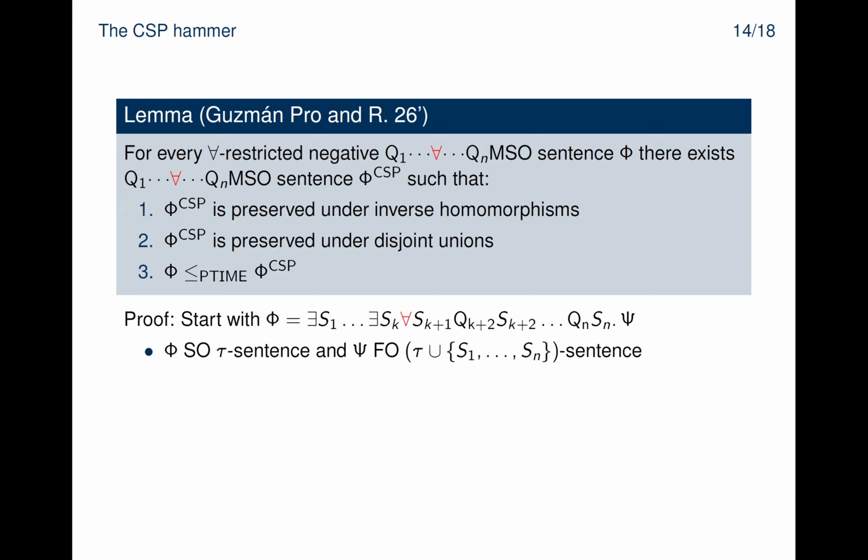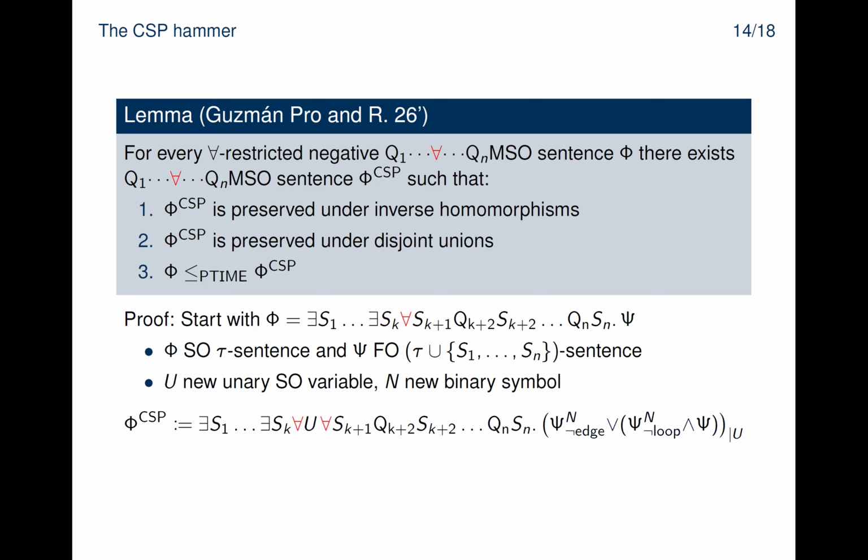And in this new sentence phi CSP, we will actually have one new unary second order variable and one new binary symbol, right? And I specifically chose n for the name of the symbol to somehow link it to the previous construction above, QNP. And the sentence phi CSP looks as follows.